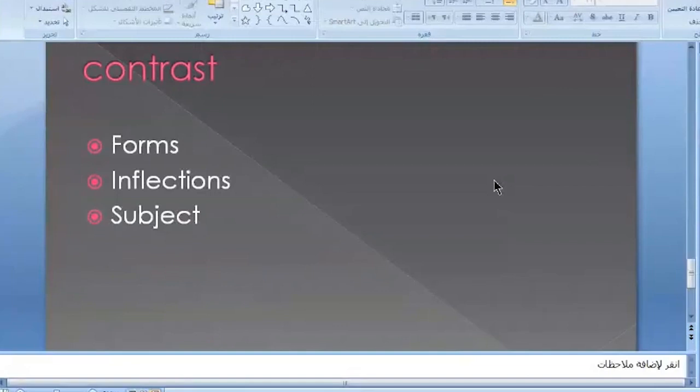It depends on person, number, and gender. These things are not available in English. This is a big difference. So when you want to make a comparison between English and Arabic as far as imperatives are concerned, put these things into consideration. You have to mention them. Gender and number are important in Arabic.